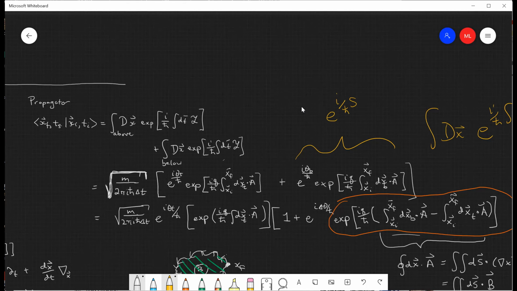And so then you only have to worry about the two paths coming from the two different slits, and you can calculate the interference pattern that way. So that would be the path integral way of doing that. That's the kind of important message of the path integral. The actual details of calculating it, like actually integrating over all the paths, it's not really so important.